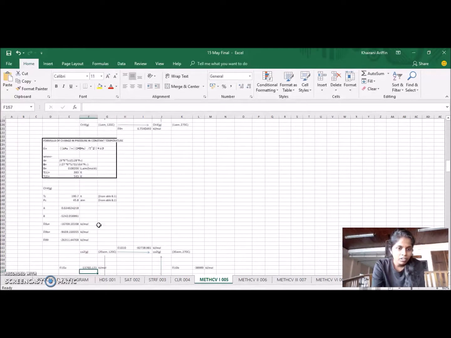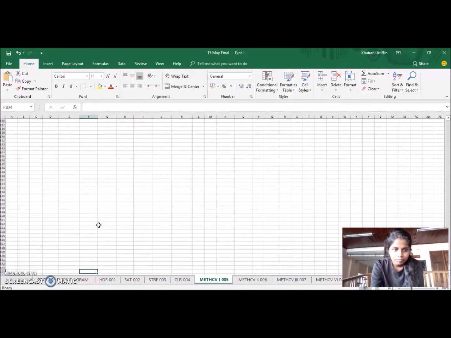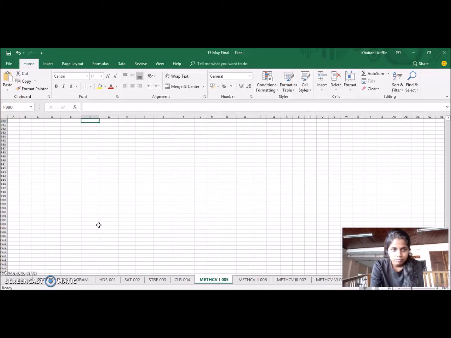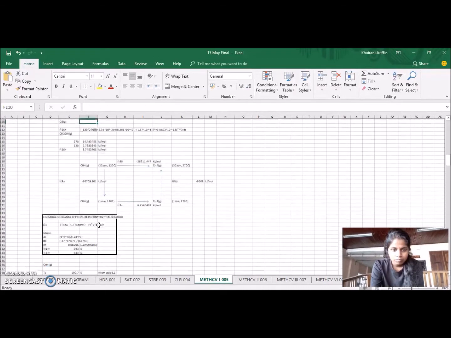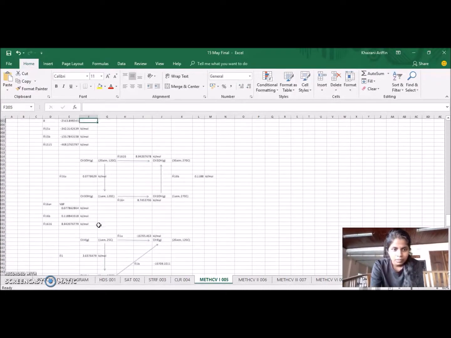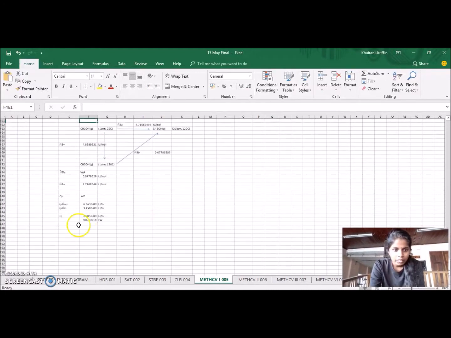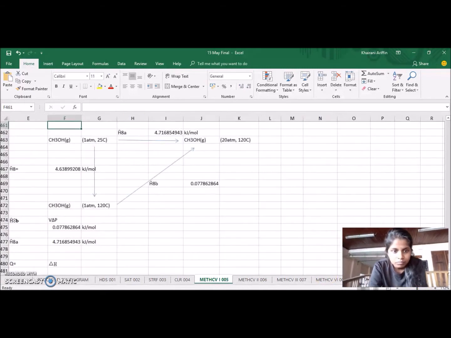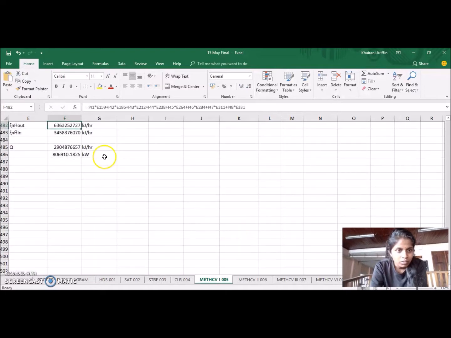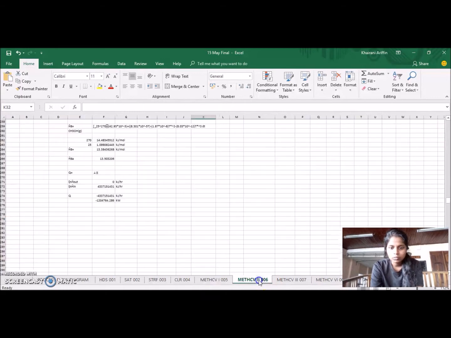And then finally we got Q equals to 290,487,6657 kilojoule per hour, and in power is 806,910.1825 kilowatt. And now we go to the methanol converter 2.